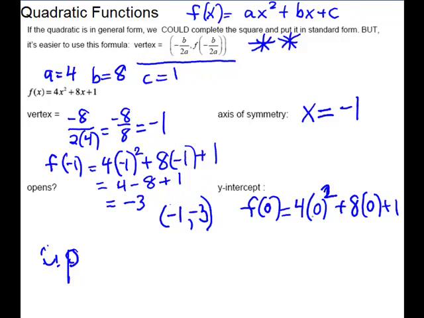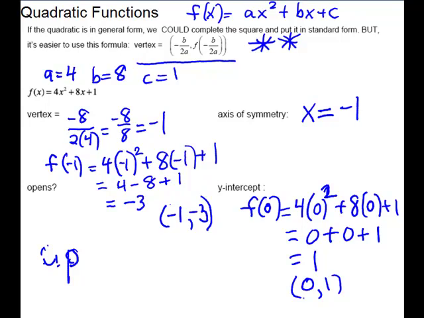So 0 squared is 0, times anything is 0, plus 0 plus 1. So this gives us 1. So (0, 1) is our y-intercept.